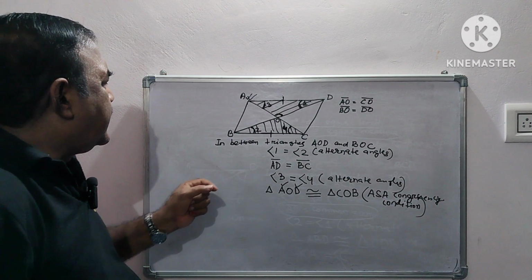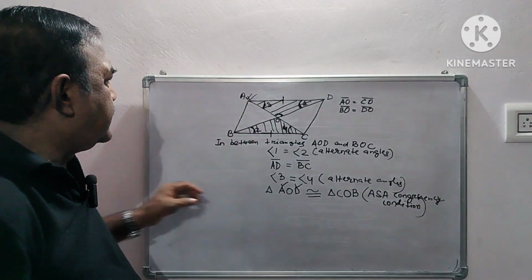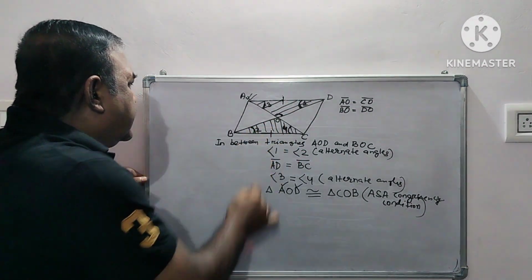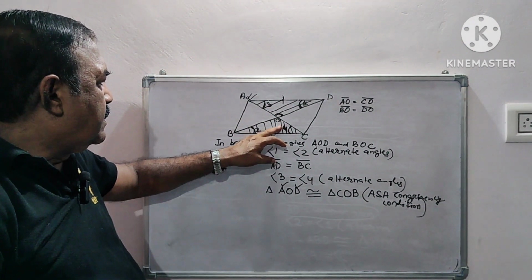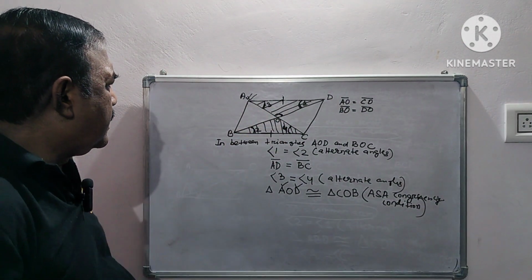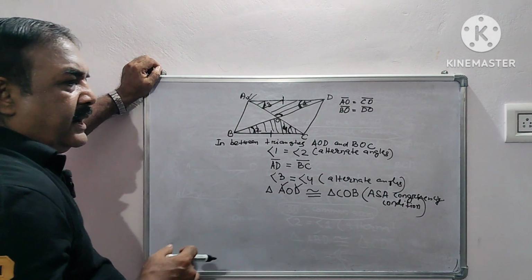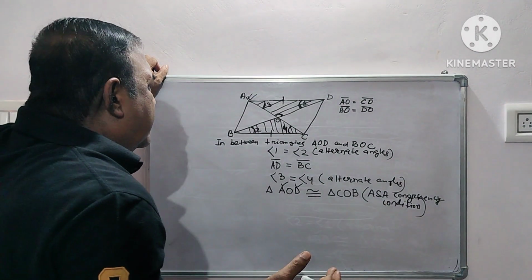So what we got? For the corresponding angles, you see these became two congruent triangles. Angle 1 of one triangle is equal to angle 2 of the other triangle. Angle 3 of one triangle is equal to angle 4 of the other triangle. So their opposite sides are equal respectively.